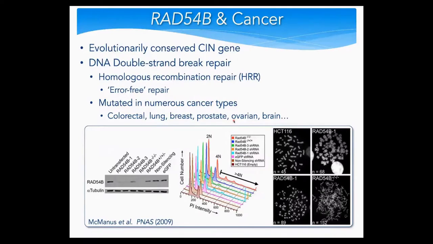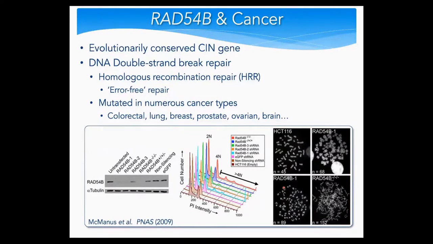RAD54B is mutated in a variety of different cancer types, such as those that are shown here. And what we showed over a decade ago is that siRNA-based silencing or genetic manipulation of RAD54B corresponds with increases in DNA content that also correspond with changes in chromosome numbers.